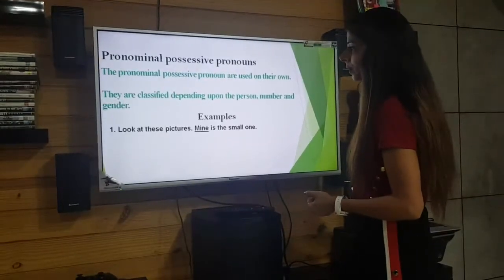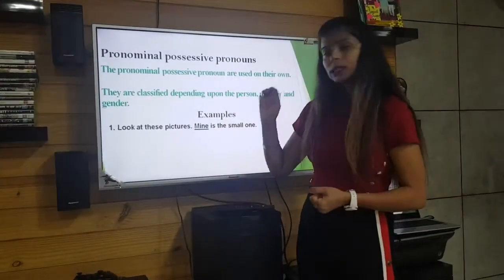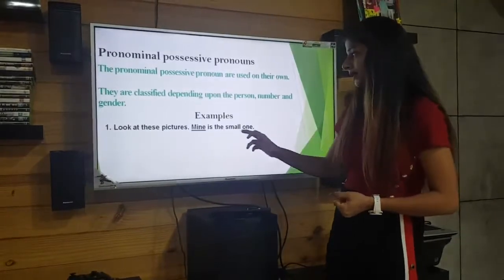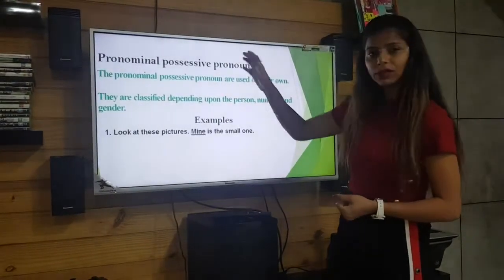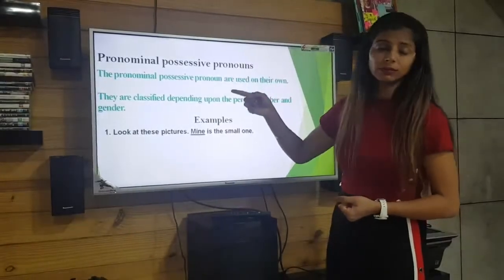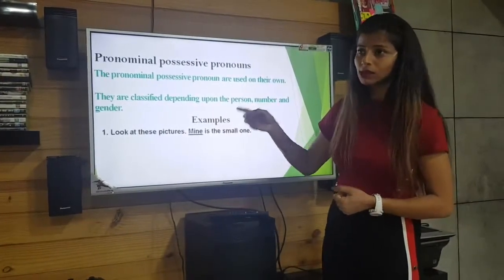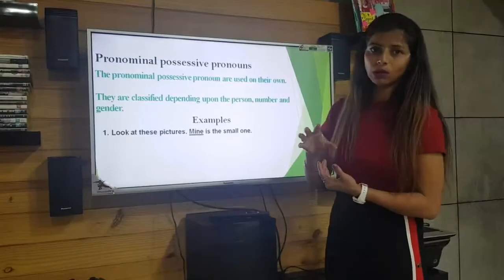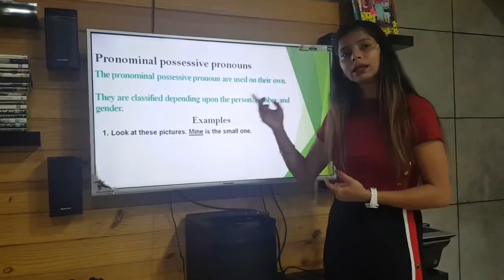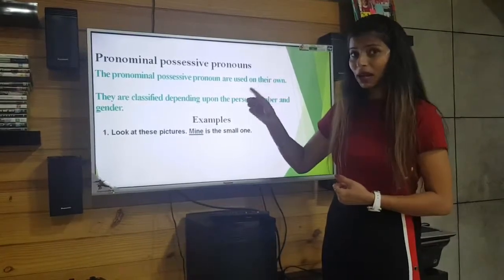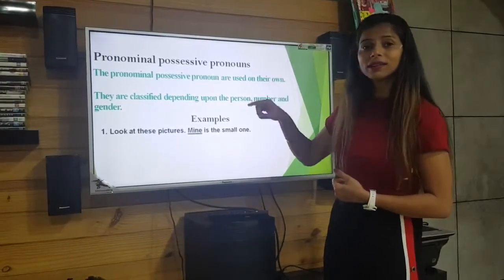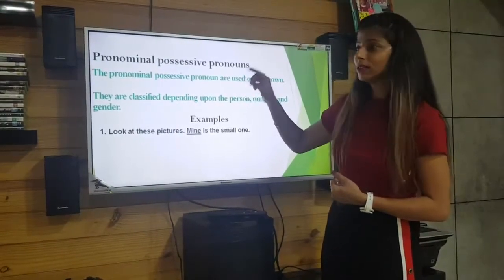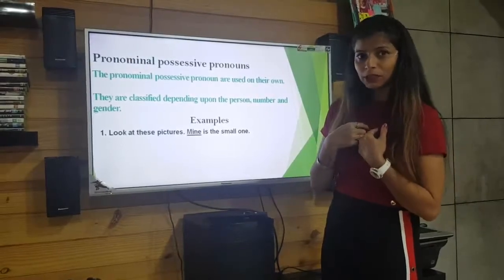Let's see. Look at these pictures. Mine is the small one. For example, we are denoting some pictures, and there is one small one there, and I am mentioning that mine is the small one. Here I am not saying that the small one is my picture.